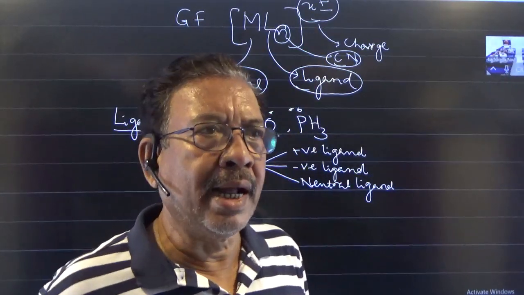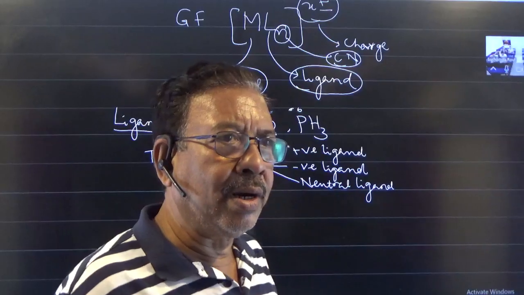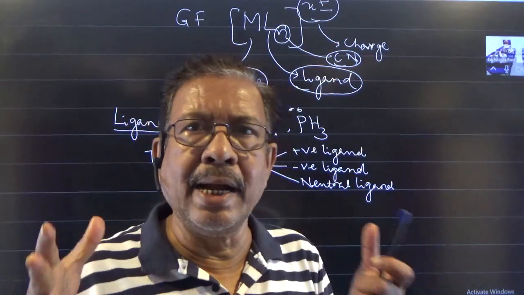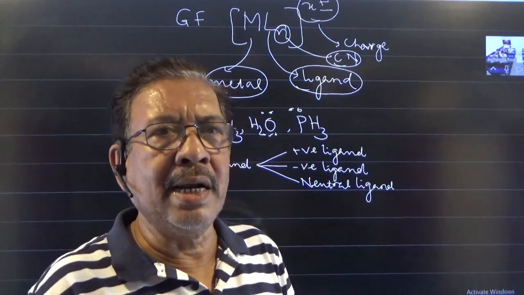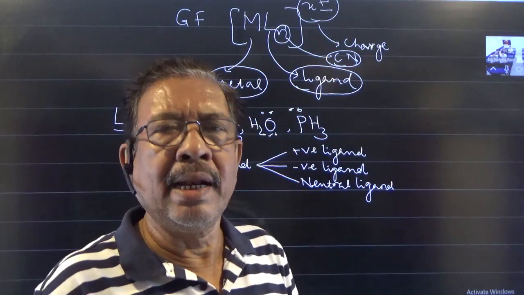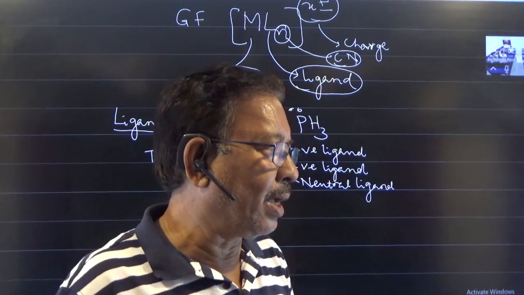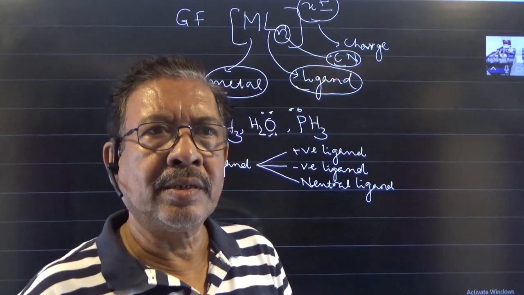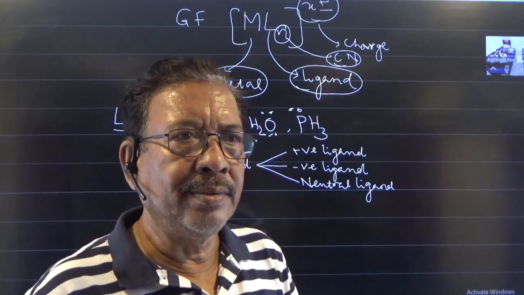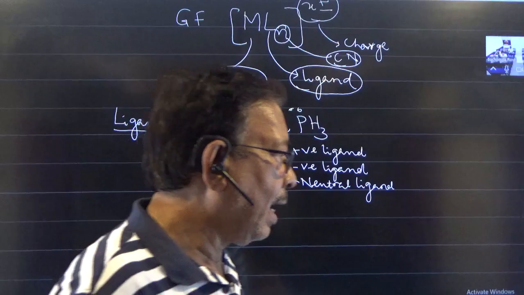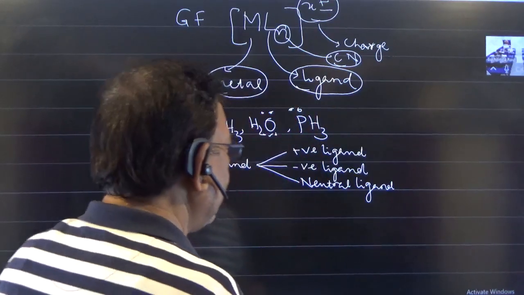It is difficult to tell all the ligands at a time. At least a list of 20-30 ligands I have given in that PDF. Sir will share it with you all.